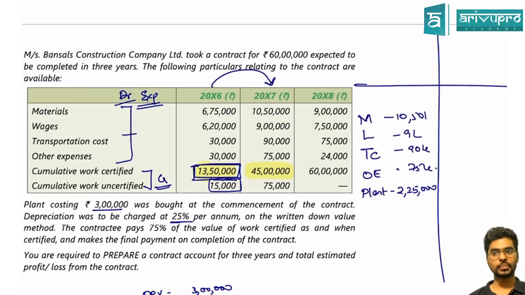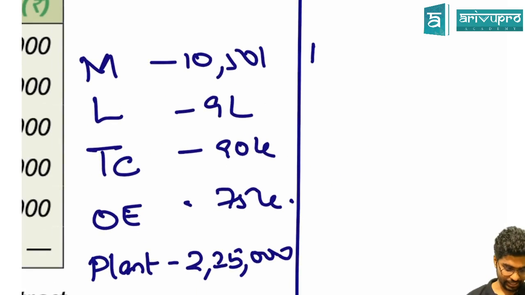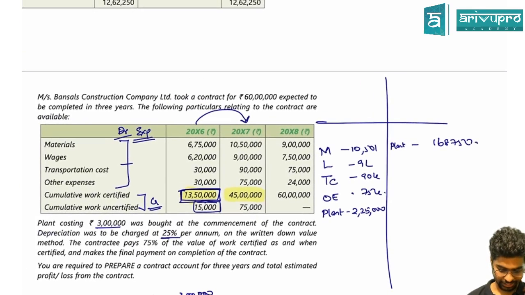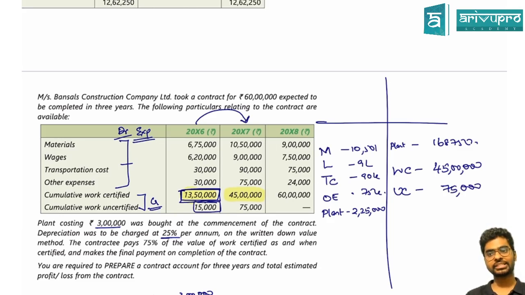Then on the other side, I will write my plant value at 75% value. That will be 168,750. Then I will write the work certified portion, which is 45 lakh. Then I'll write the uncertified portion 75,000. Is this what I would have done generally?